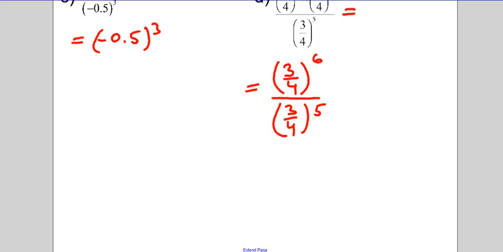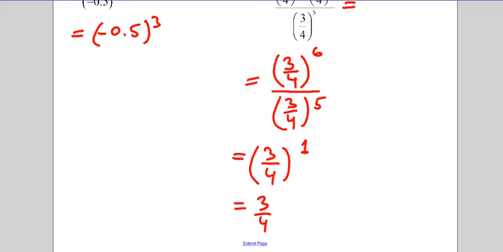And then we do what? Then we subtract the exponents, so 3 over 4 to the power of 1, which is just 3 over 4. We don't have to write that exponent of 1. There you go, and that's essentially it.